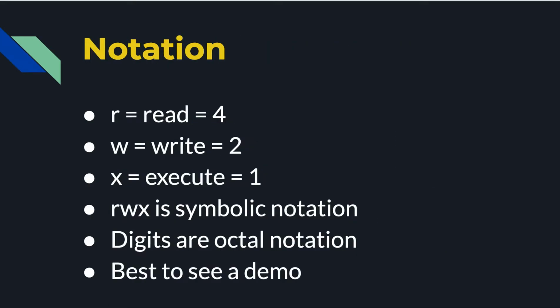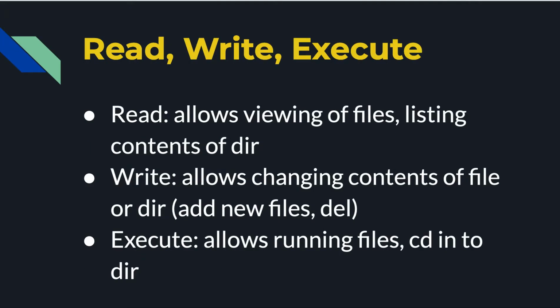However, they're also assigned to the user, the group, and everyone else. So users can be assigned read, write, execute. The group can be assigned read, write, execute. And everyone else on the system could also be assigned their respective read, write, and execute permission.